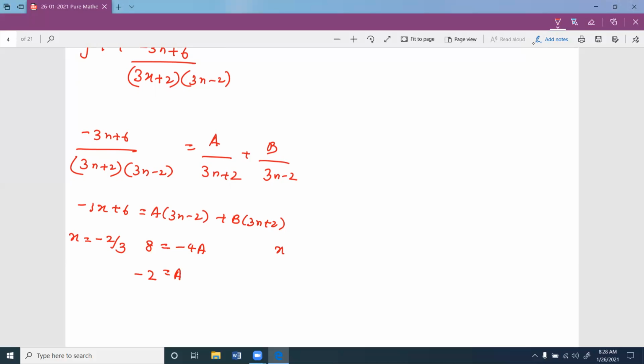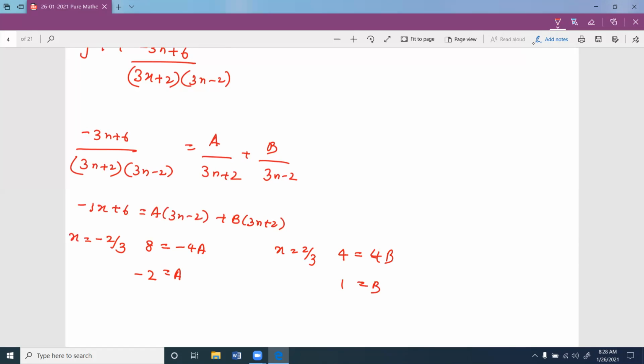Then if I put x equals 2 over 3, what happens? This term gets cancelled, then it's minus 2 plus 6, which is plus 4. Then 4 equals, putting in 2 over 3, 2 plus 2 is 4b.